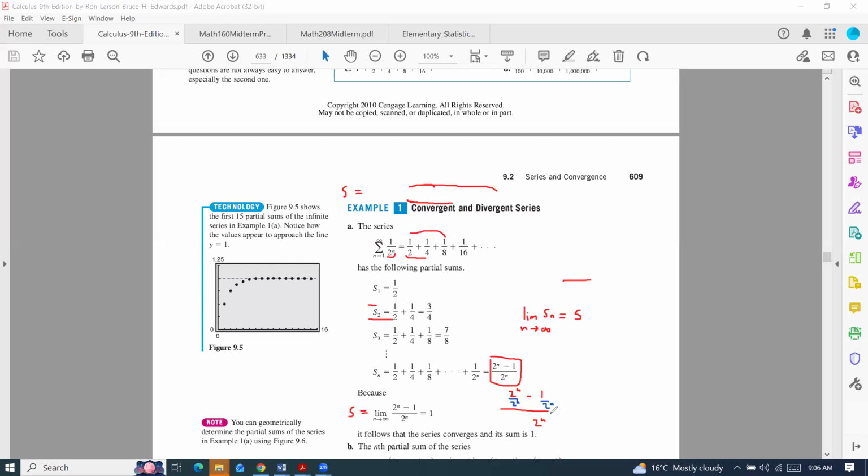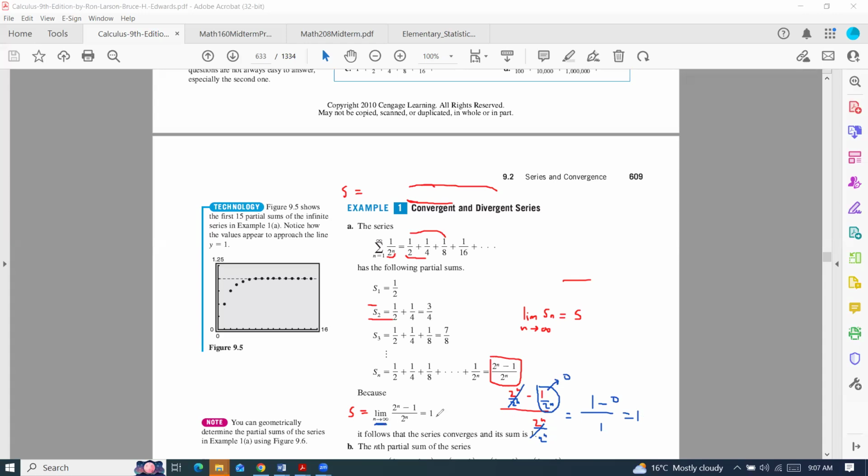Algebraically, it's still the same fraction because I'm multiplying by that 1 over 2 to the power of n on the top and bottom. And this way, things will cancel. So I'm going to end up with 1 here and 1 on the bottom. And my piece that I have remaining when n approaches infinity will turn into 0. So we'll end up with a 1 for the limit. So that's what they do.